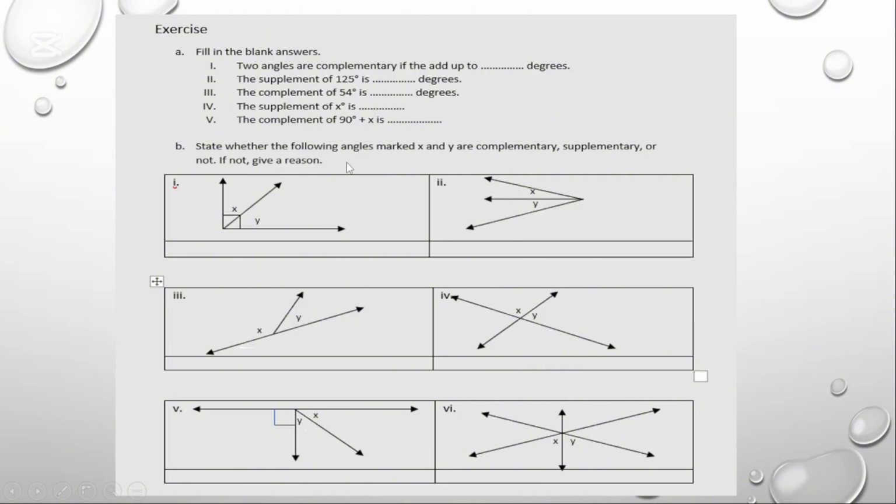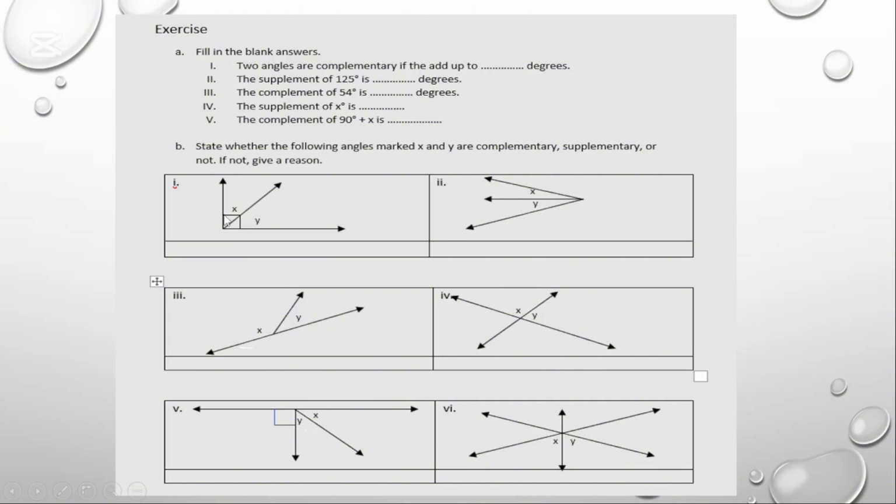Now state whether the following angles marked x and y are complementary, supplementary, or not. And you can give a reason. Right, we start. Are they complementary? Are they supplementary?